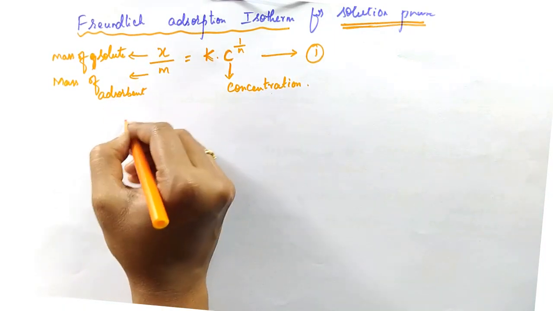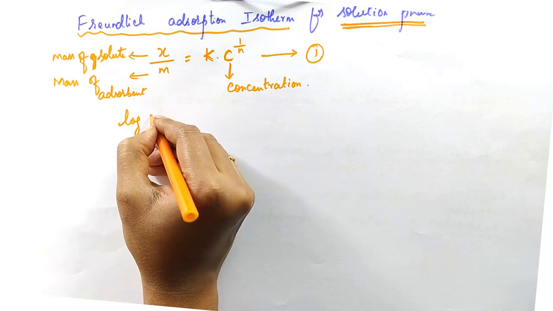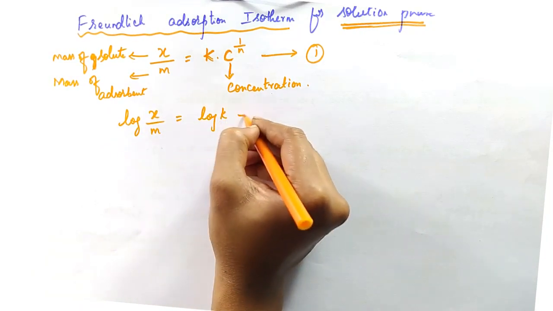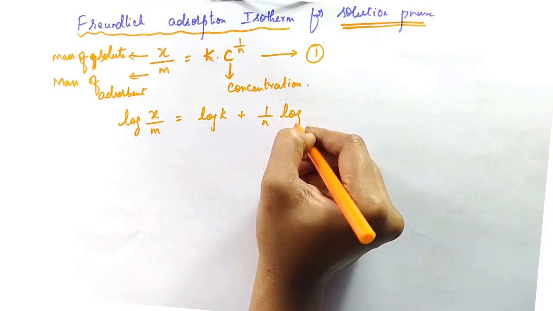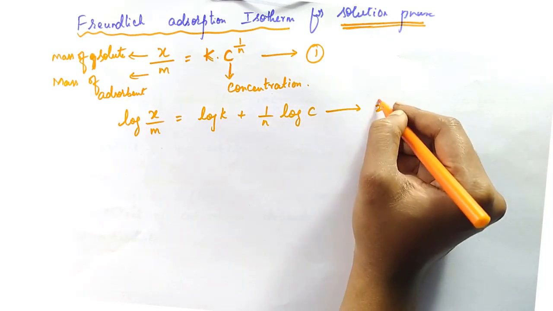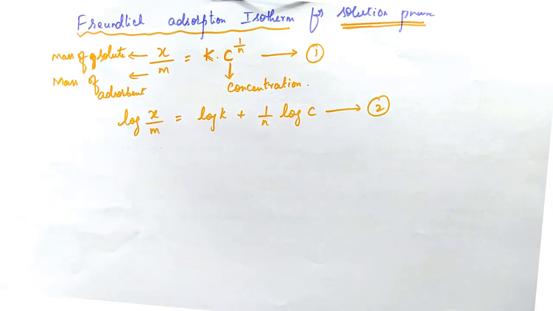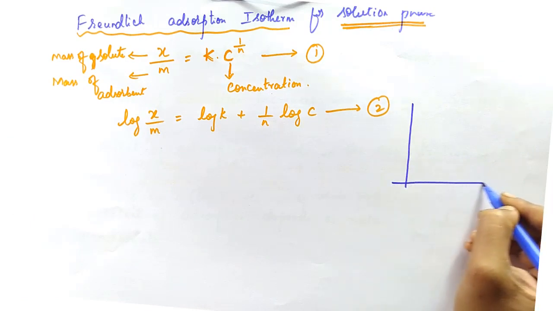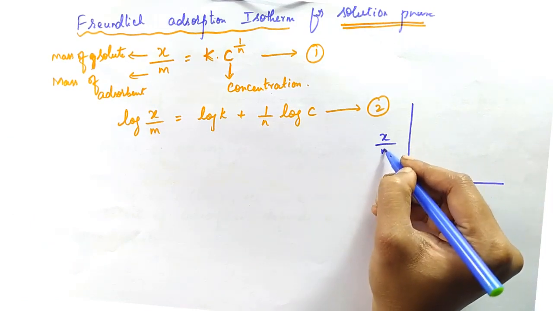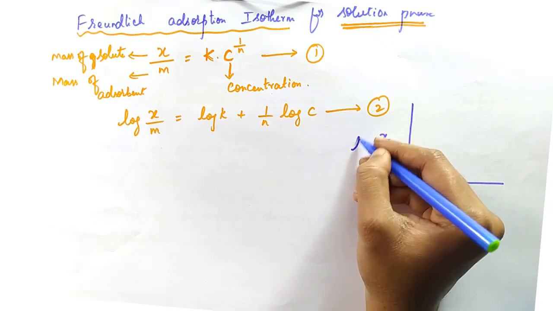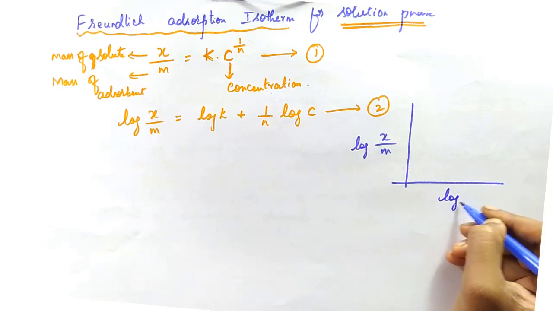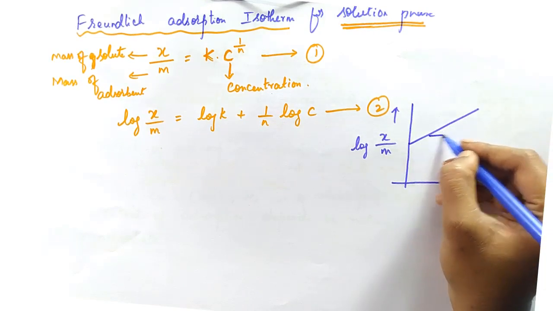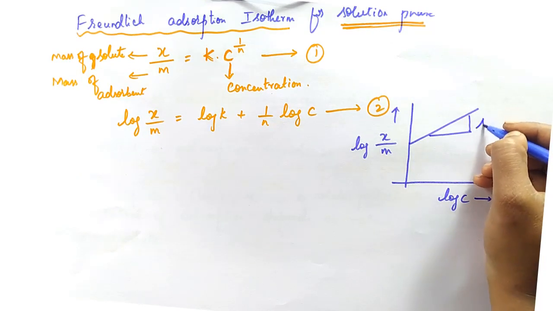Let me write this equation by using logarithm. Log x by m is equal to log k plus 1 by n log c. Let me take it as equation 2. By looking at equation 2, we can draw the graph, that is log x by m versus log c. This is the graph.